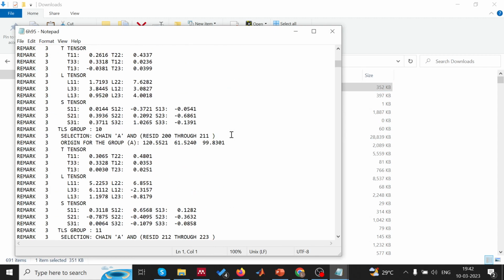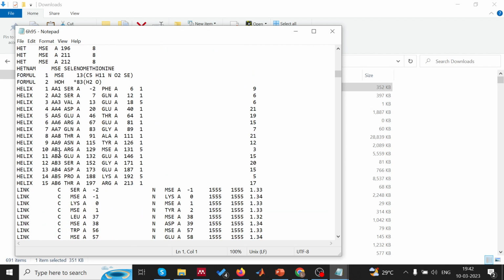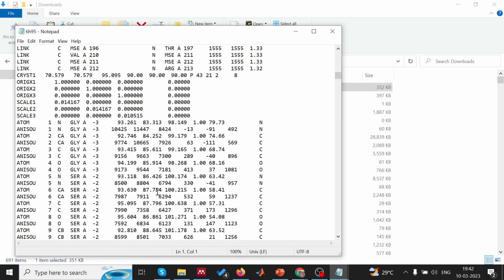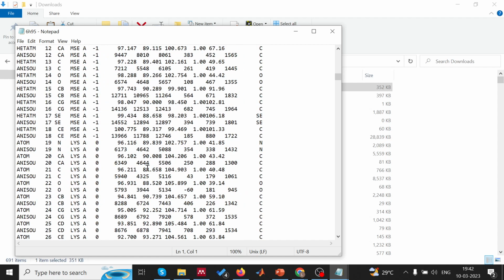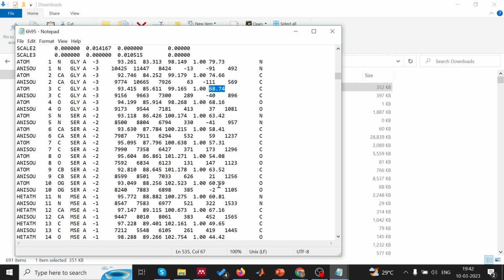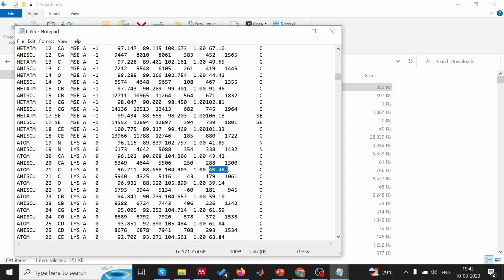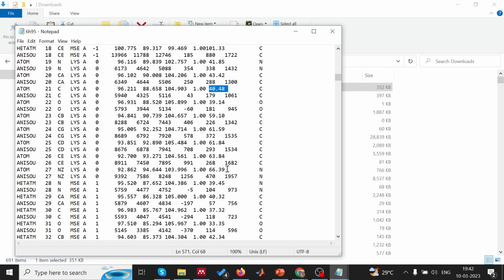So again, I'm going to go down to the, see here, you have the helix where it is, and so these are temperature factors, B factor 74, 68. So this is where the protein begins, so it is more exposed, whereas when you go further, it is 40, 39.